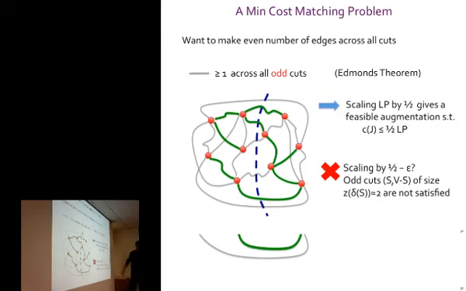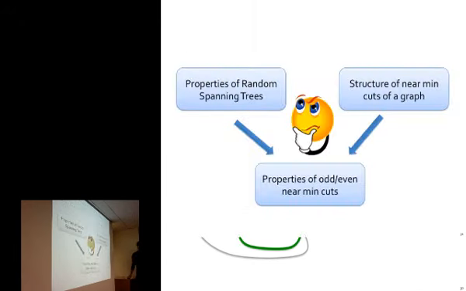So what we're going to do is say that for some of the edges, we can decrease their value to 1/2 minus epsilon and still preserve this property that for all odd cuts, we have at least 1. To do this, we have to use 2 flavors of arguments.